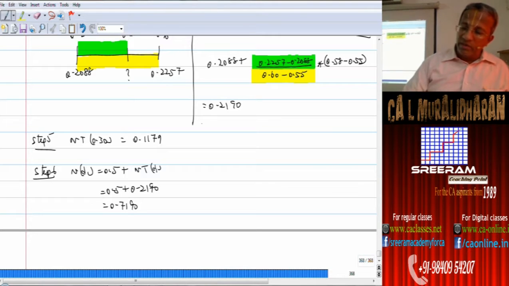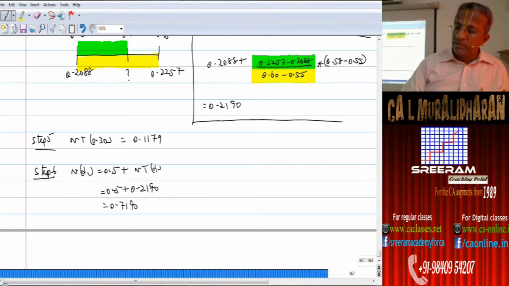The actual normal table value of 0.58 is equal to 0.2190. Is that correctly coming?